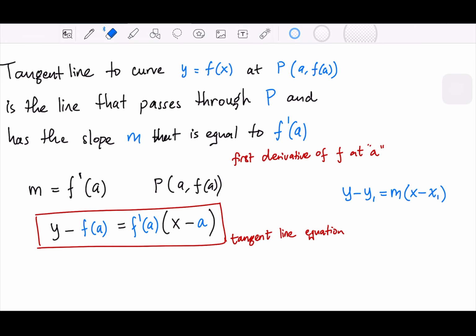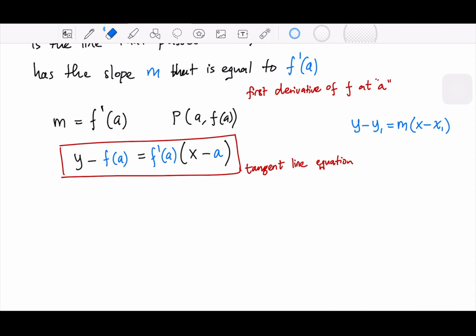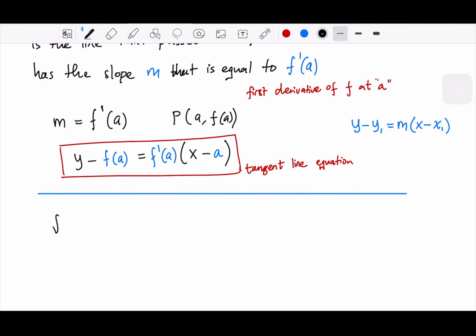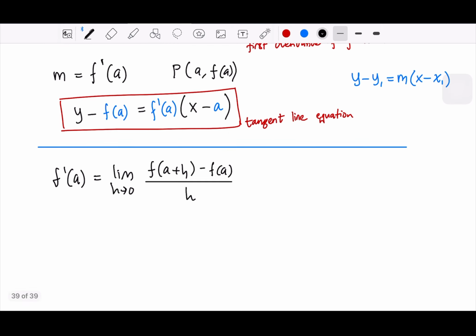Let me just write a quick note here. Usually we have a as our observation point. We can replace it and it becomes x.